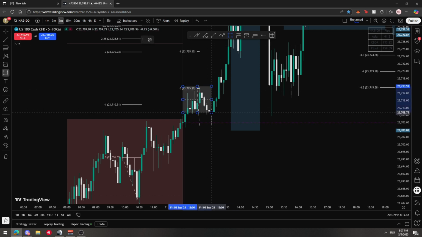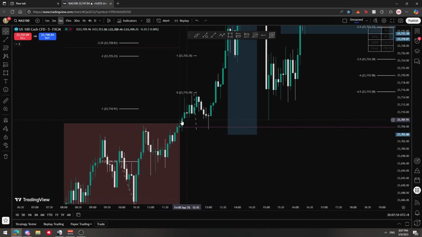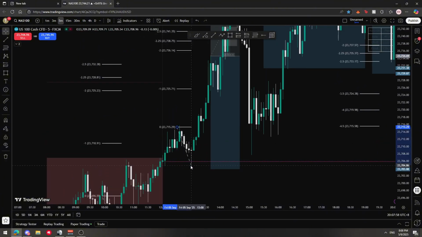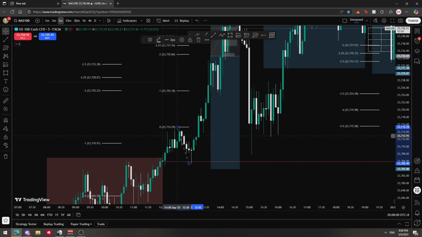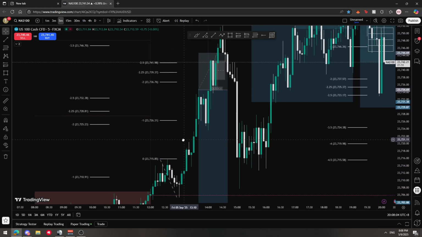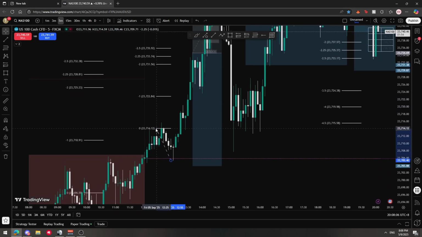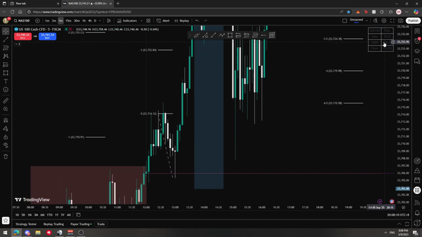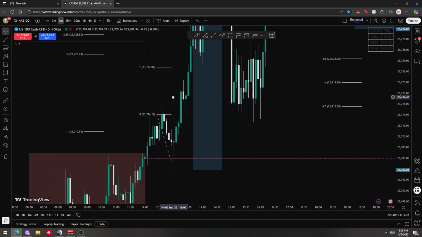Instead, we accumulated right here, and then we made this a wick which swept all these equal lows right there. And then I just marked the 5 minute from, I think I marked it from wick to wick, or wick to body maybe. I think I did it from wick to body here.